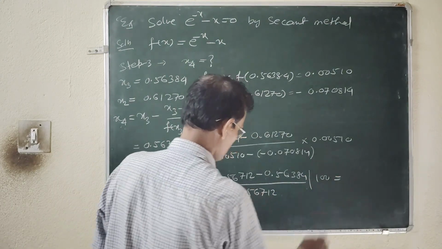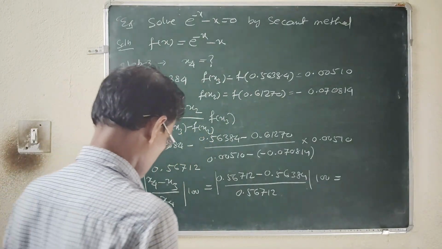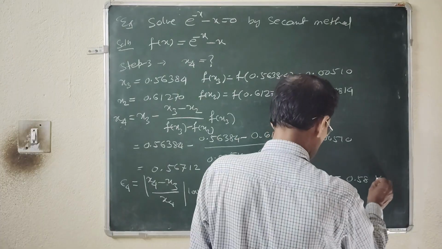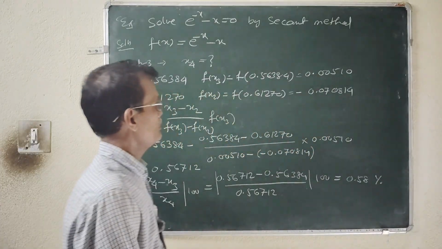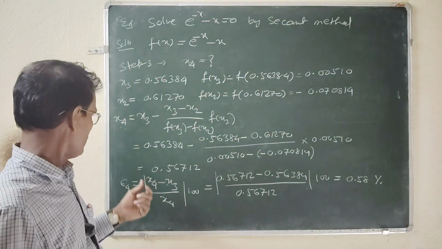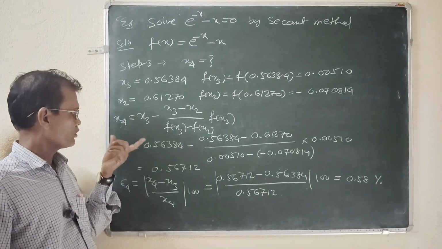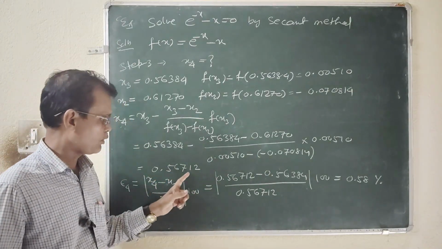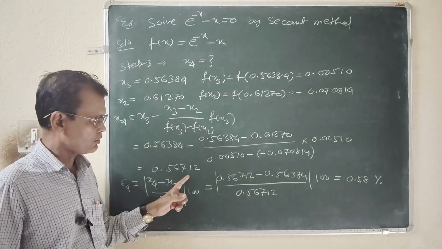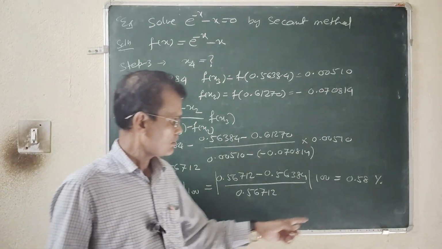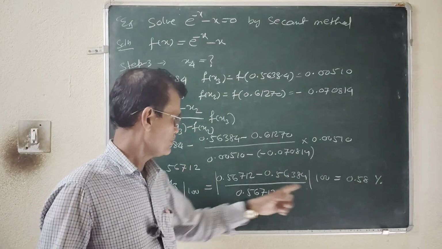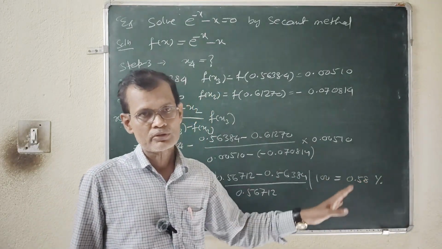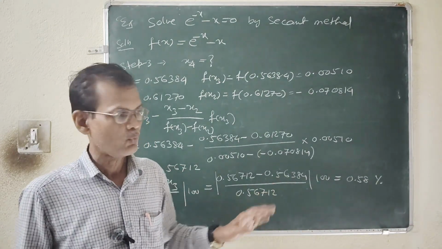So the result is 0.58%. Now you see, when we calculate the value x4 as 0.56712 by the second method, the error for this value is 0.58%, which is less than 1%.